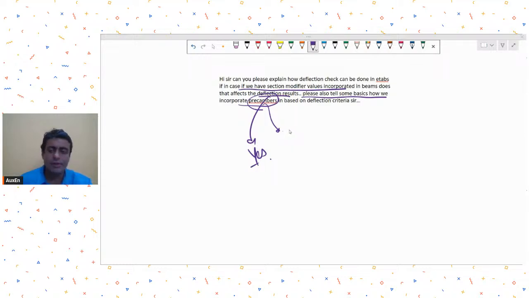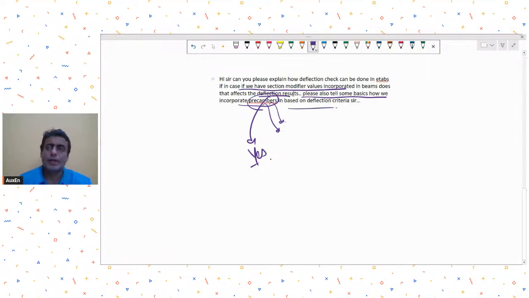Whatever deflection we get, usually due to dead loads, we generally provide a camber in our members, pre-camber. But in the analysis model, we don't usually do anything for the pre-camber that we are providing, and therefore we provide the pre-camber mainly for the dead load.